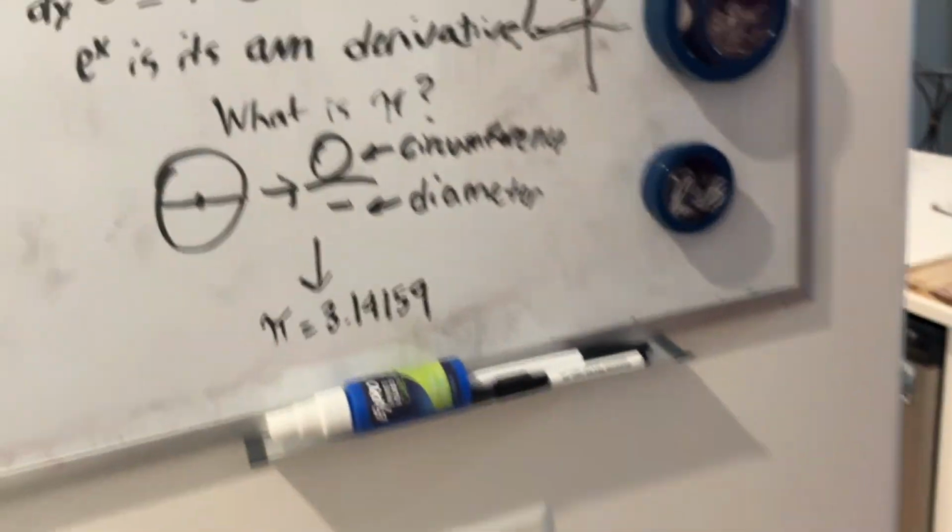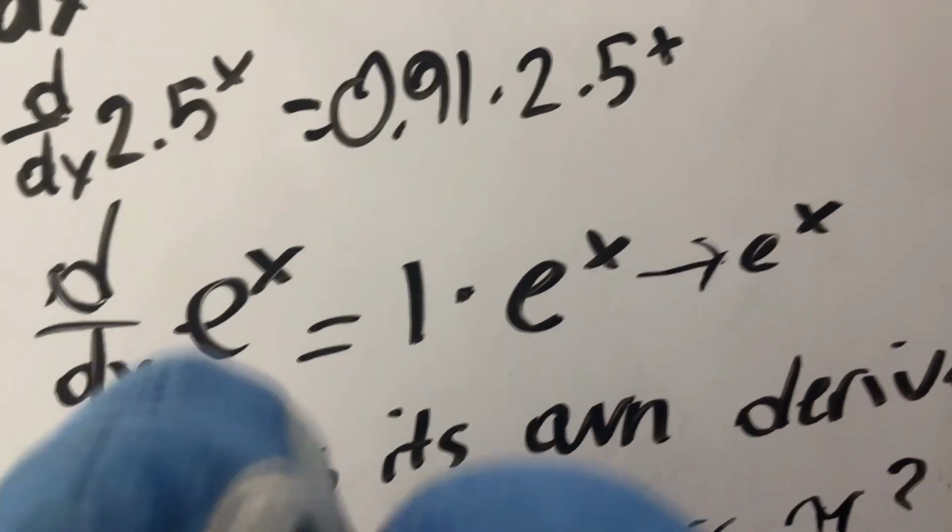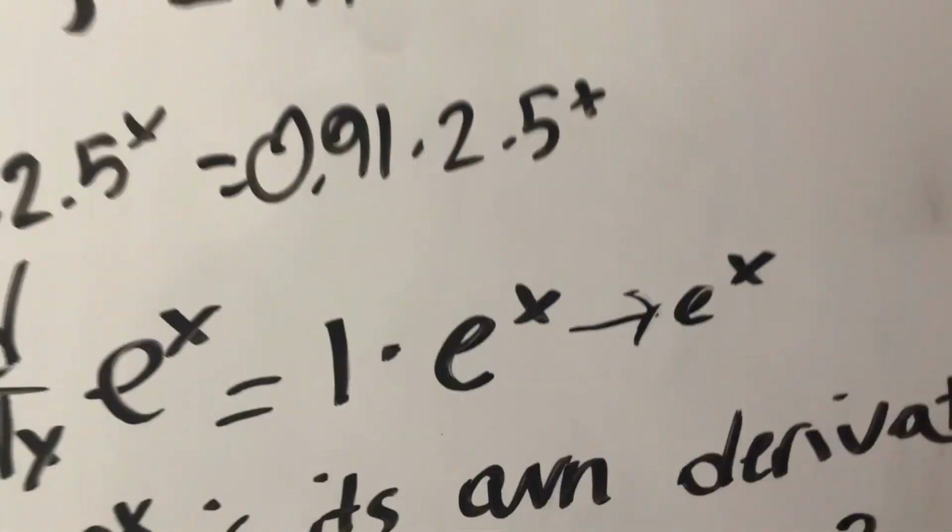Now you ask yourself, which one of these bases can have 1 times itself? And since 1 times the function is just the function, can a function be its own derivative? And the answer is yes. e to the x. We define e as its own derivative. 1 times e to the x is still e to the x.